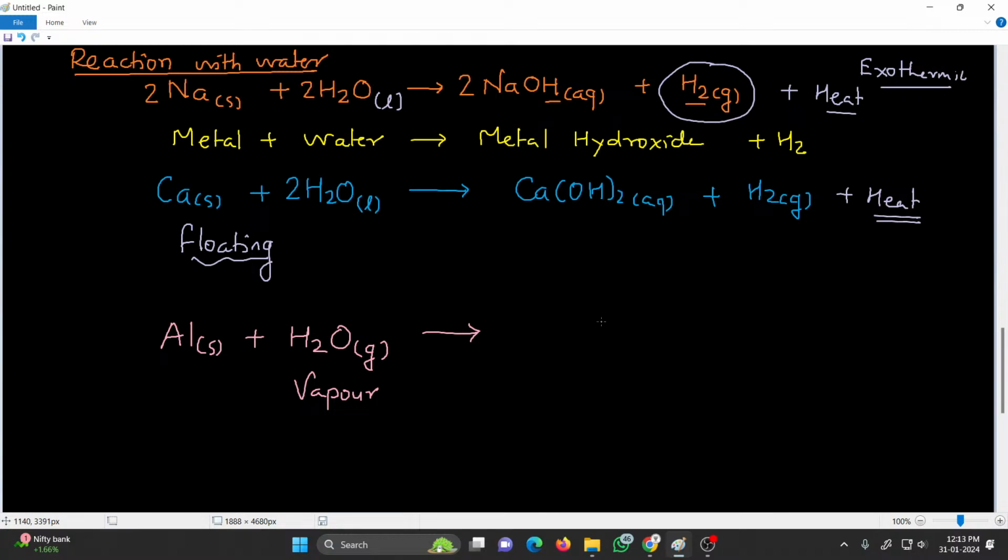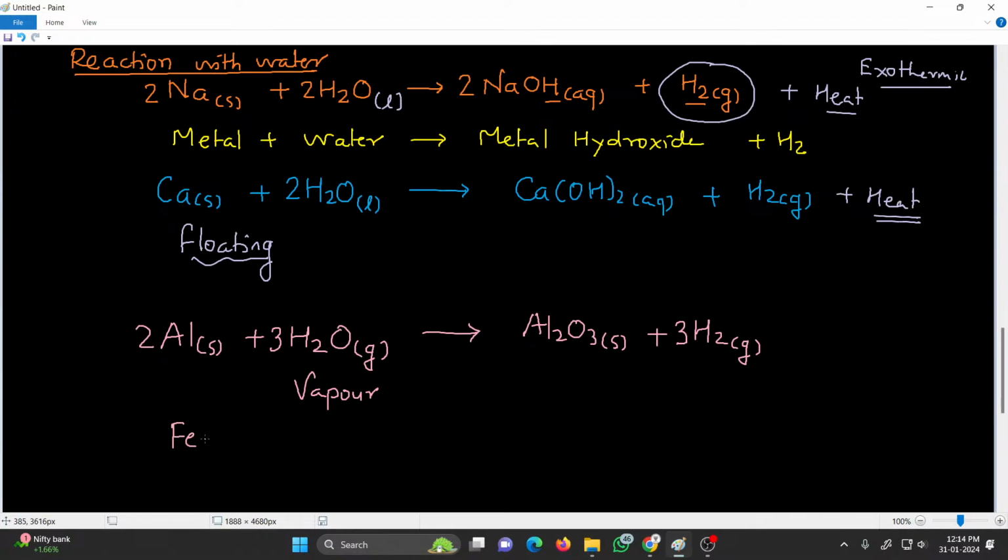So Al plus H2O gives you Al2O3 oxide, which is solid in this case, not soluble as we have said earlier, plus hydrogen gas. So we have to balance it. 3 oxygens are there, so we have to write 3 here. That will make 3 hydrogens and 2 aluminium. Like that the reaction is there.